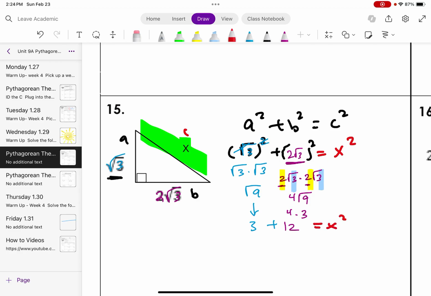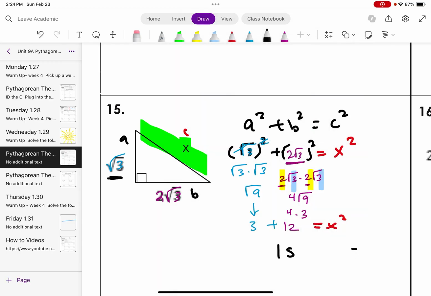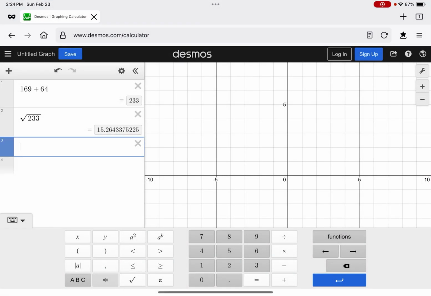So you have the x squared. When you combine them, you have 15 at the end of it, and then you have x squared. To get rid of that squared, you're going to use that square root. Square root, that cancels, that goes away. And so x equals the square root of 15. And so the square root of 15, I'm going to go back to my calculator.